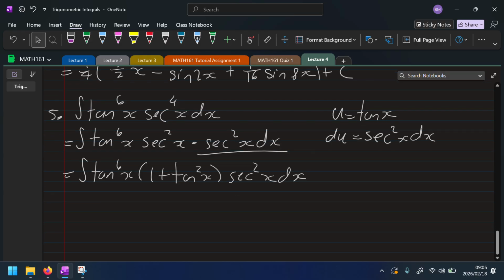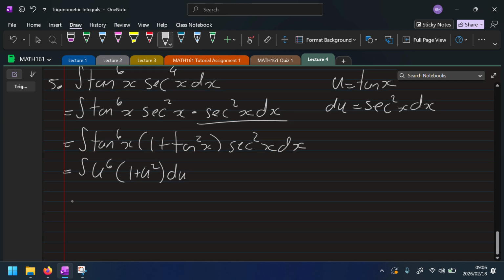So let's substitute. So tan to the 6, that will be u to the 6. 1 plus tan squared, that will be 1 plus u squared. And then sec squared x dx, that will be our du. Okay, we can distribute u to the 6 inside.